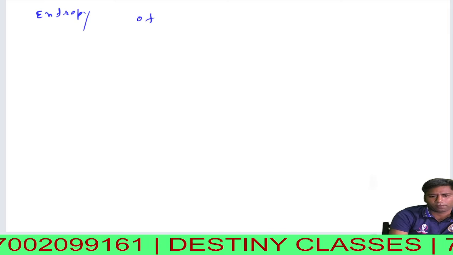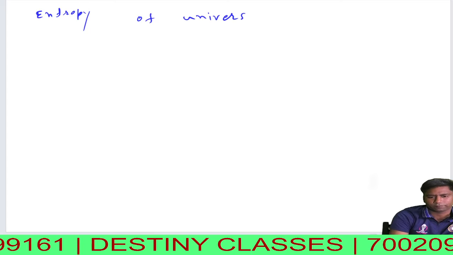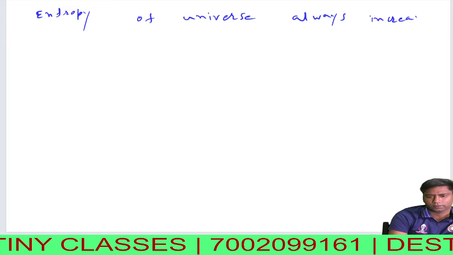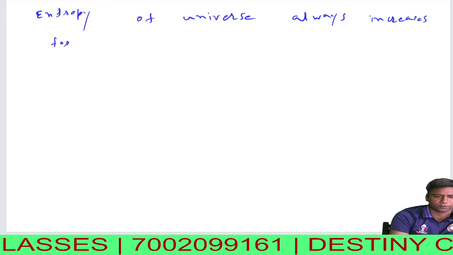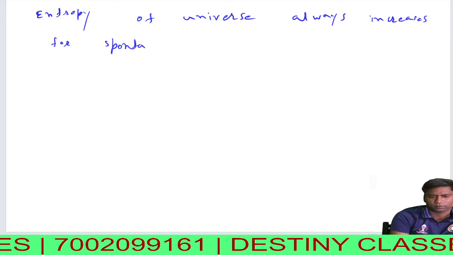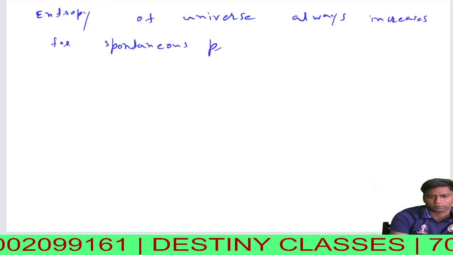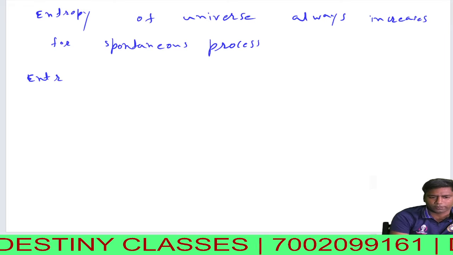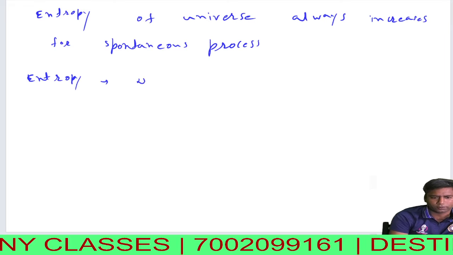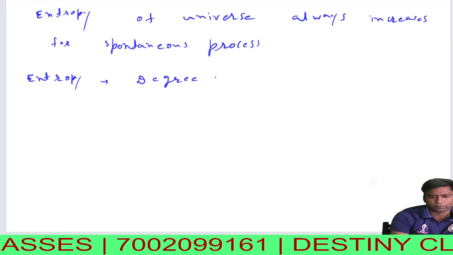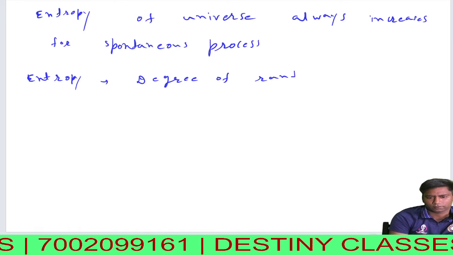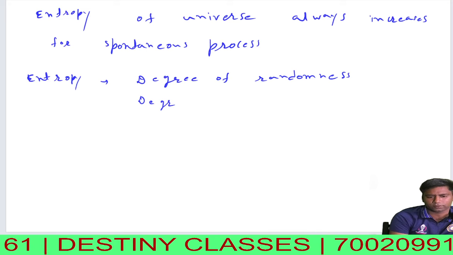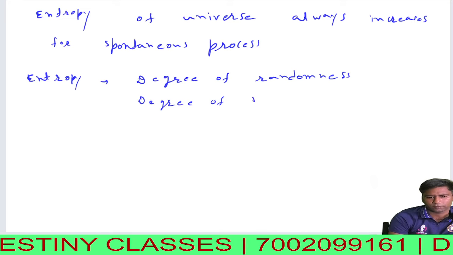Entropy of the universe always increases for a spontaneous process. Entropy also means the degree of randomness, or degree of disorderness.